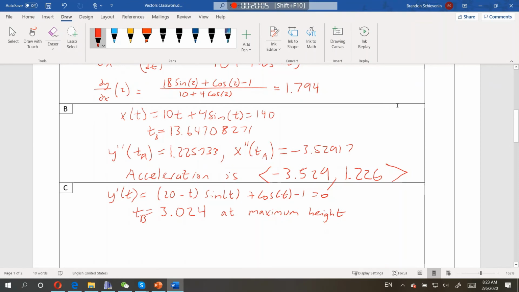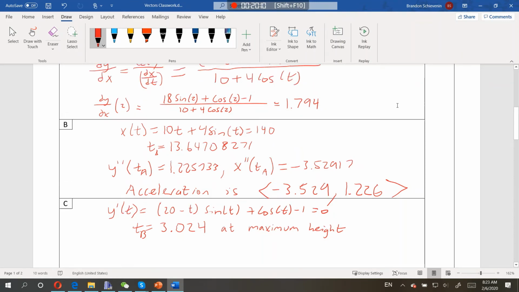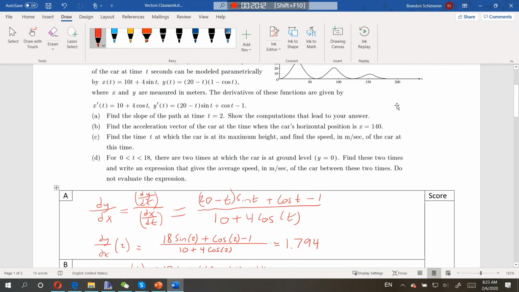So how can I find the speed? Speed is the square root of x prime of t squared plus y prime of t squared. Cool.